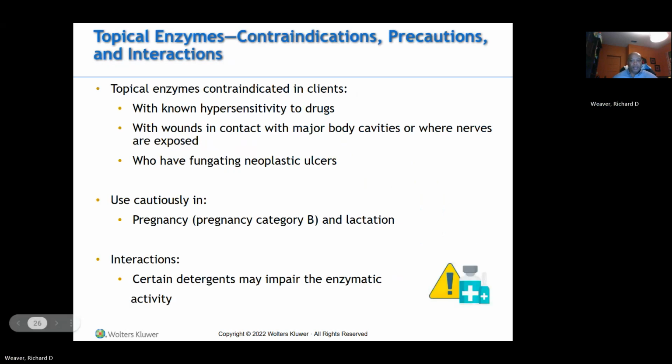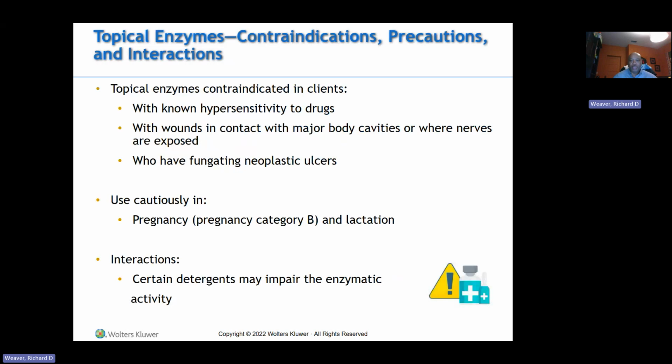Right. Now, topical enzyme preparations that we just mentioned are contraindicated in those with hypersensitivity reactions to the drug, of course. Also in wounds that are in contact with major body cavities or where nerves are exposed.